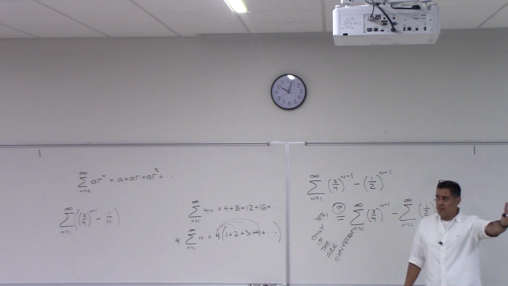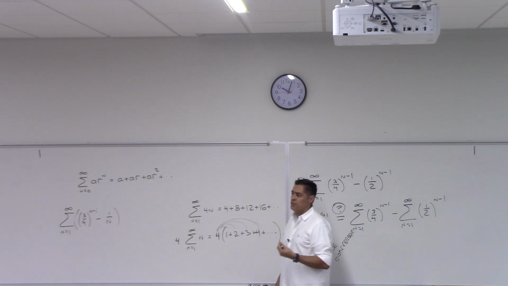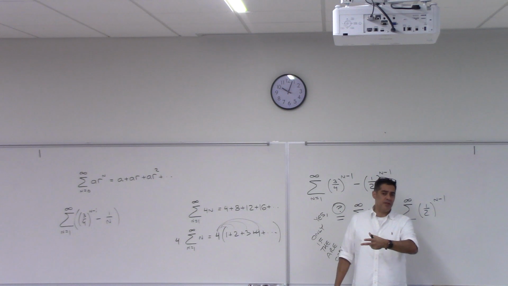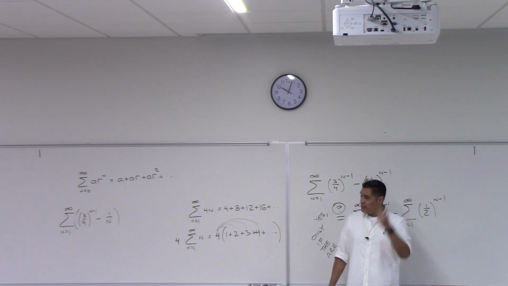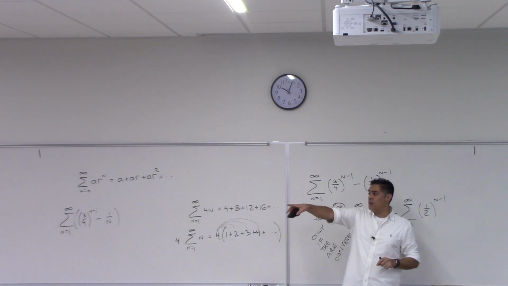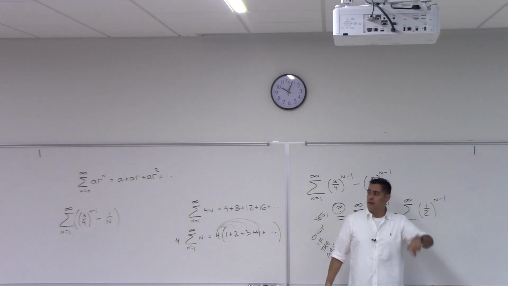As we just discussed in 8.2, we can only find the actual sum of a convergent geometric series, right? If we have a geometric series and it's convergent, we can find the sum. It's a over 1 minus r. It also says we can find that if it's a convergent telescopic series, but we're skipping telescopic, so just ignore that.